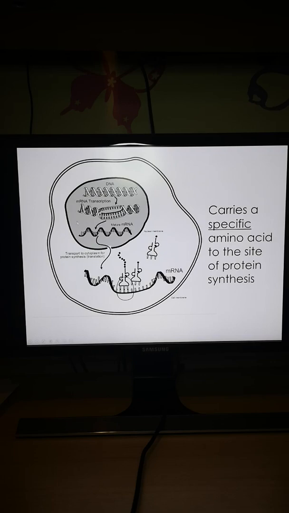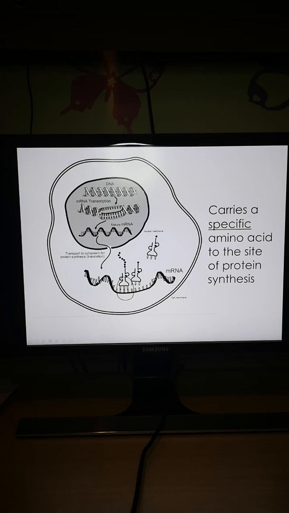In the process of protein synthesis, a transcript, a copy of this, is made in the form of messenger RNA that can carry that genetic information then to the ribosome, where it is read using tRNAs that carry specific amino acids to the site, which are then joined together in the specific order that is read from our mRNA.